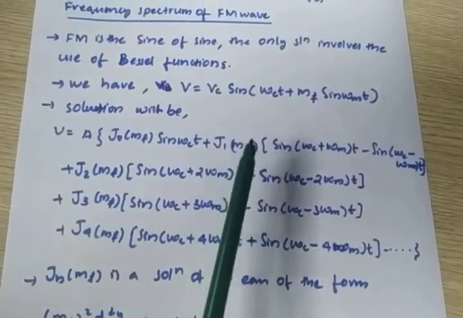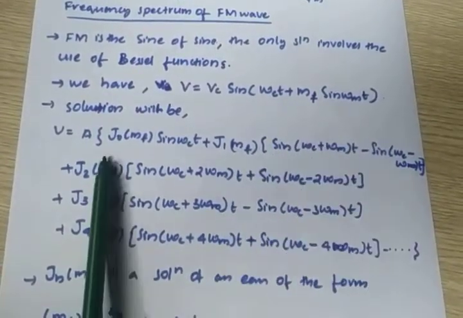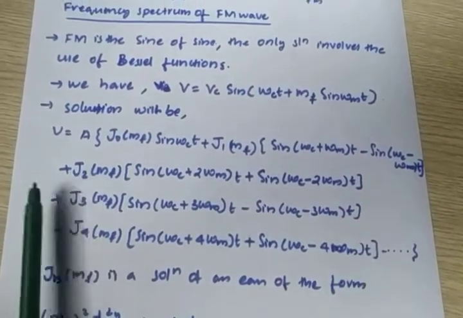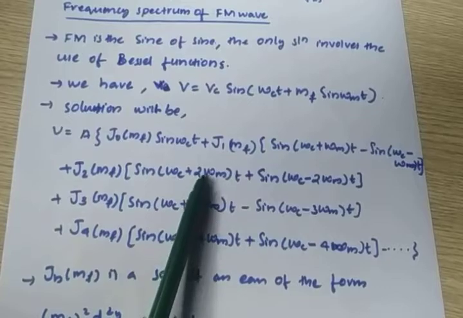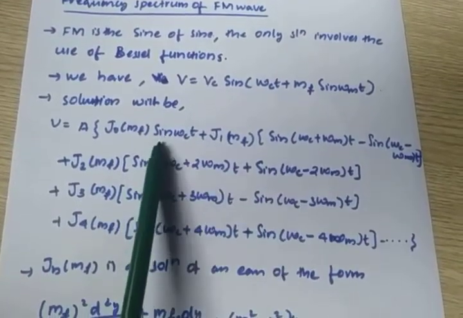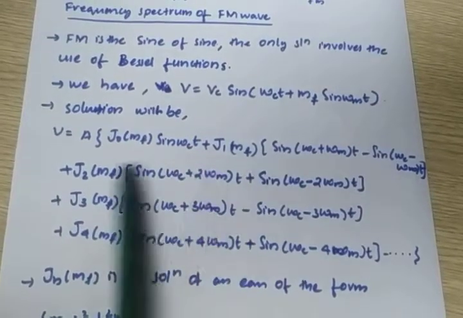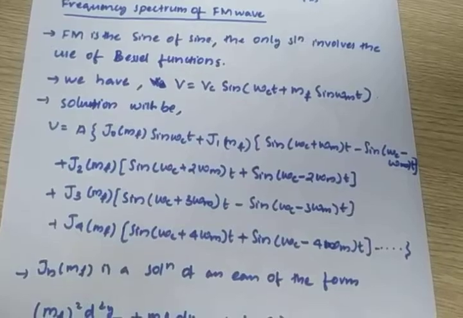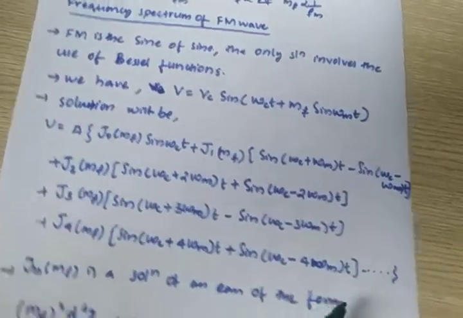J1 has two components, J2 has upper and lower: this is the upper component, this is the lower component. These are the combination of different sidebands and a carrier. So this is the mathematical expression for the frequency spectrum.